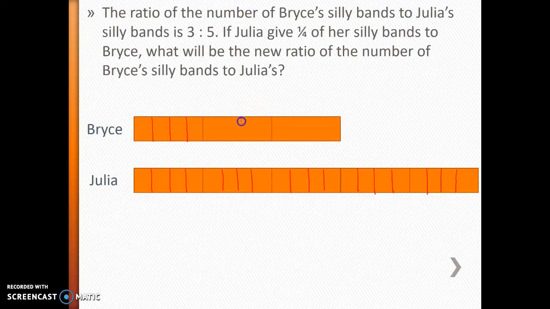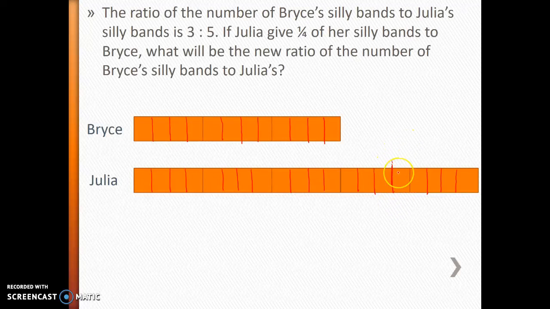I can't just subdivide units in one part of a ratio and not subdivide the other one. That's like illegal. Okay, so now we have Julia with 20 units and Bryce with 12. So we can take 1/4 away from 20 easy, right? We're going to take away 5.